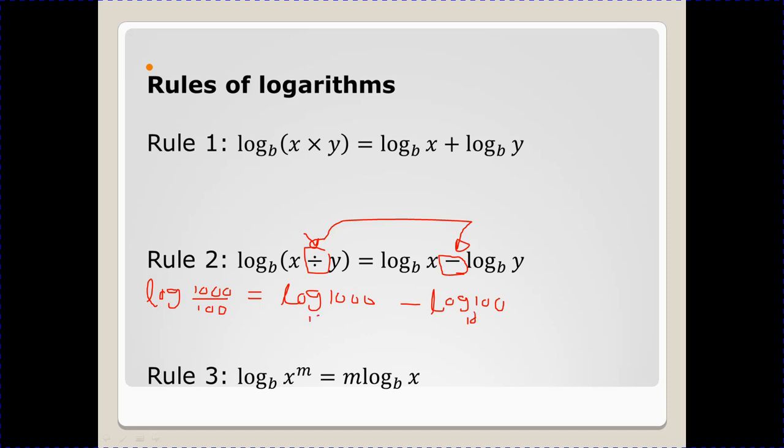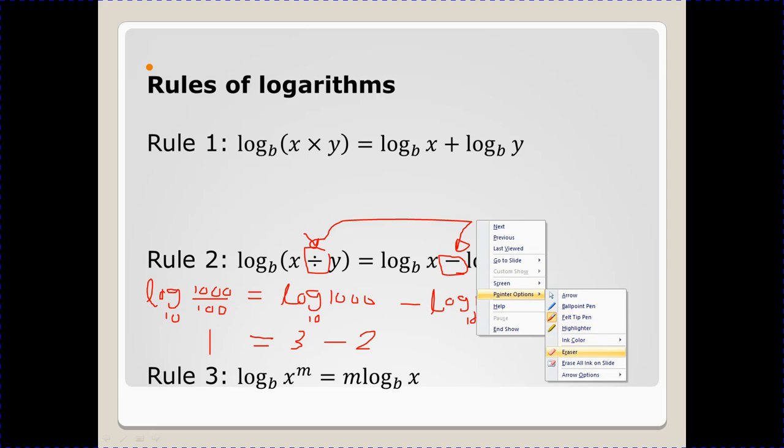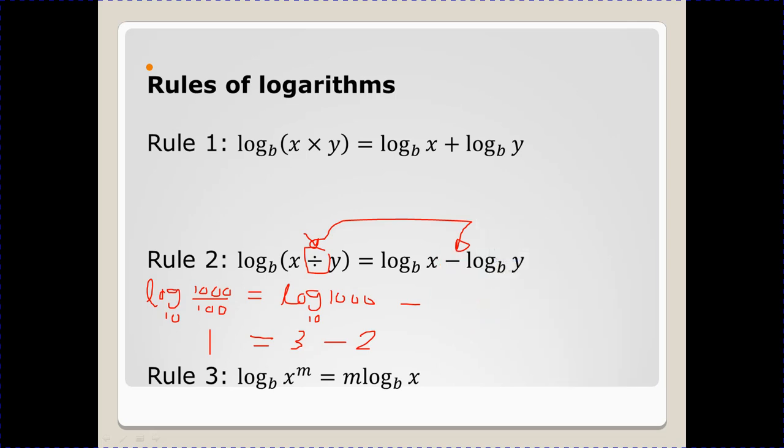Now, log of 1000 divided by 100 is log 10, and log 10 equals 1. So the left-hand side equals 1. The right-hand side, log 1000 equals 3, minus log 100 equals 2. So obviously, as you see, 1 equals 3 minus 2. So this is regarding the second rule.